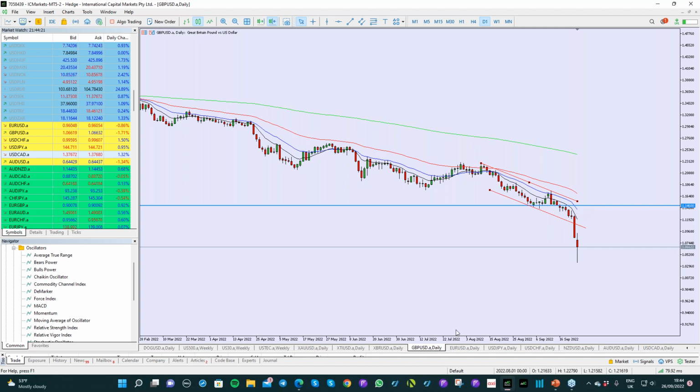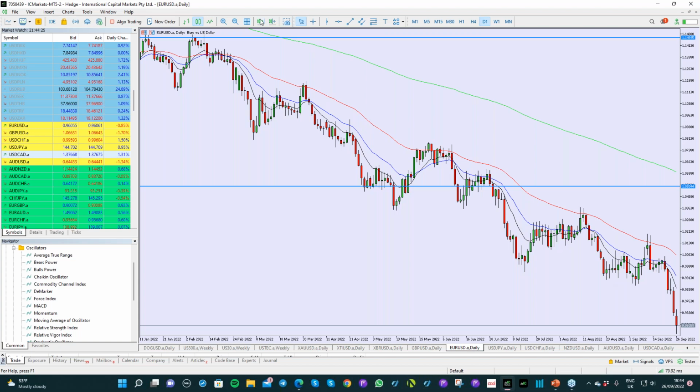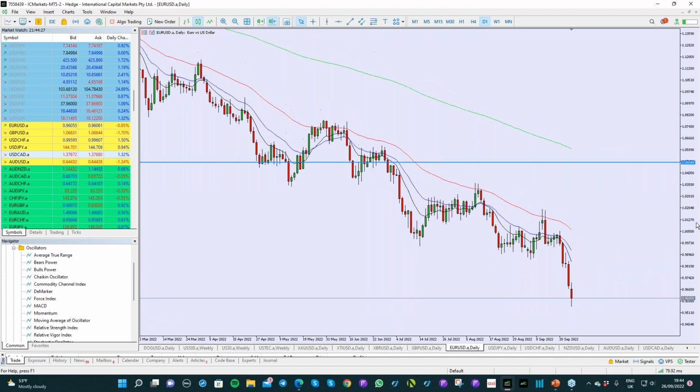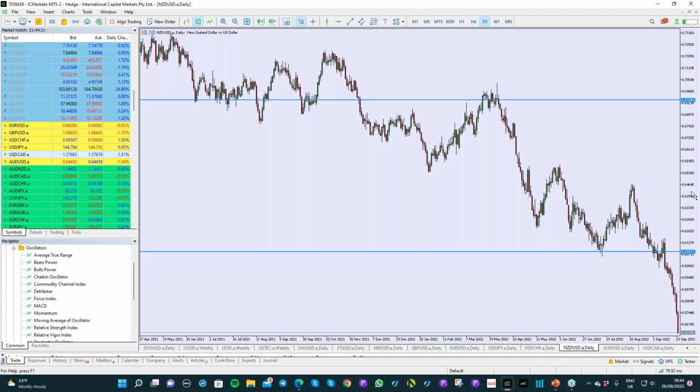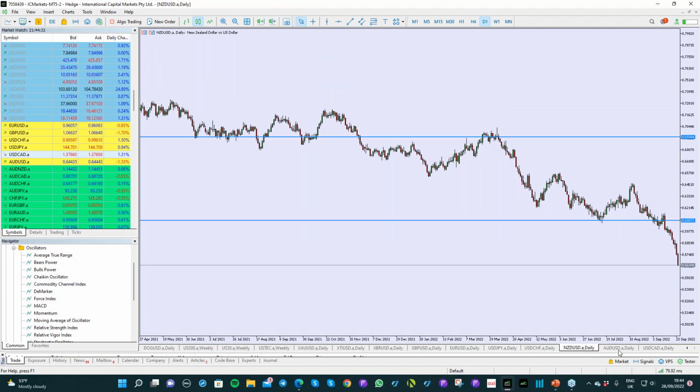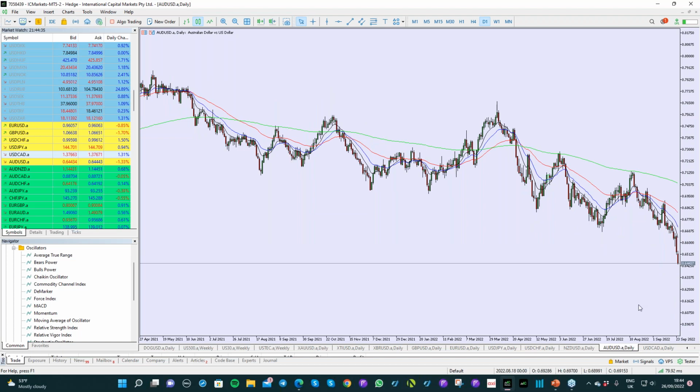However, if you look at, for example, the euro, also dropping very steeply. We look at the Kiwi dollar dropping very steeply, Aussie dollar dropping very steeply. You'll see gold has dropped very steeply. So not only are the fundamentals of the British pound pretty bad at the moment, but also it's the dollar strength, the US dollar strength.